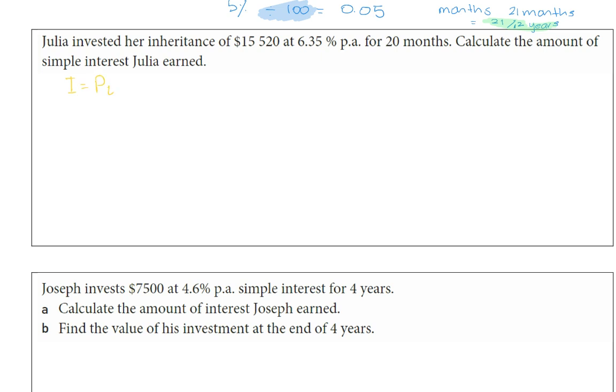So I equals PRN, 15,520 times 6.35% times 20 months. What do we need to do? We need to change the percentage into a decimal, and we also need to change the months into years.